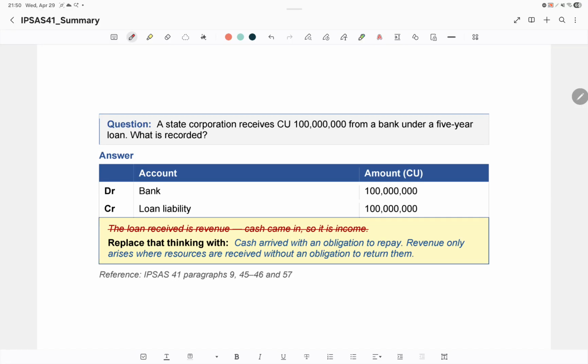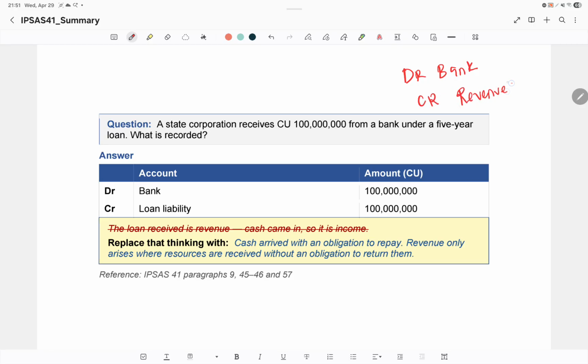This is a question. A state corporation receives currency unit 100 million from a bank under a 5-year loan. What's recorded? When you receive a loan, is it a revenue? The answer is no. It is not a revenue. But in the old cash basis accounting, we used to debit bank and credit revenue.